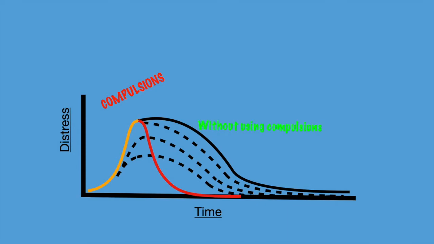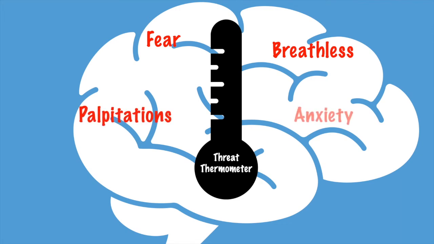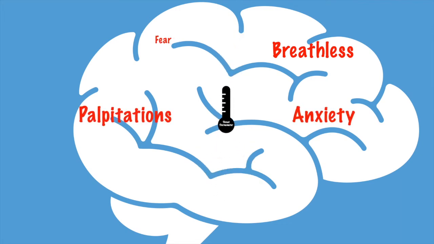We also allow ourselves the opportunity to test out the fears that we may have around what will happen if we don't respond to our thoughts. Over time, our brains learn that they no longer need to trigger a threat response in these situations, and our physical distress, our anxiety, and our fear of the situation begins to reduce.